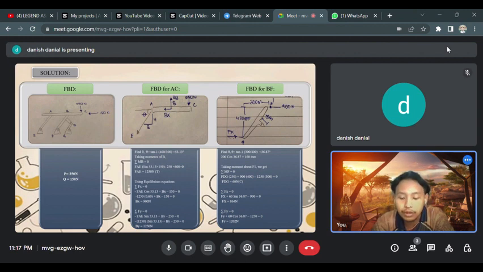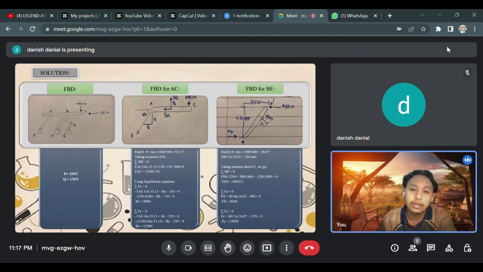So after that we use the free body diagram for AC to find the tan theta from the Pythagoras theorem. We use tan theta equals 300 divided by 400, we get 36.87 degree.